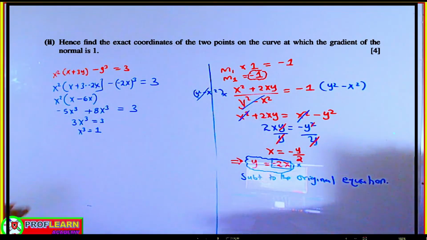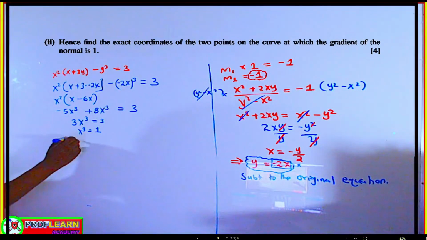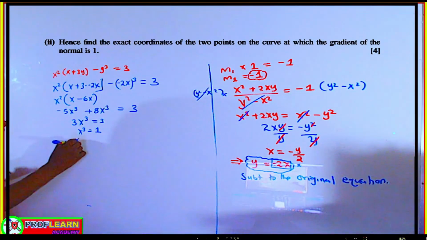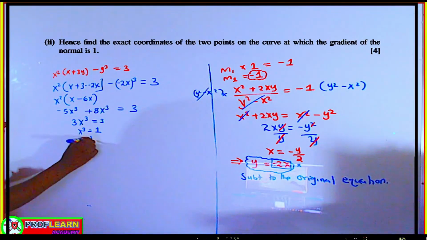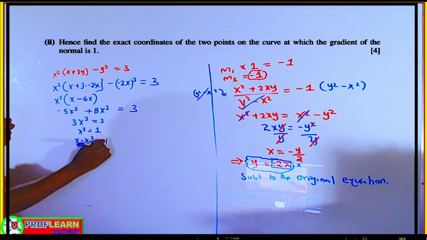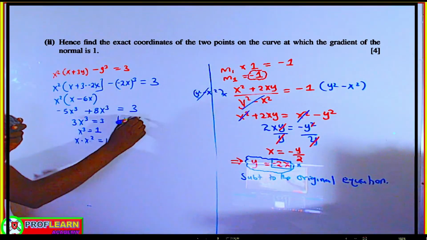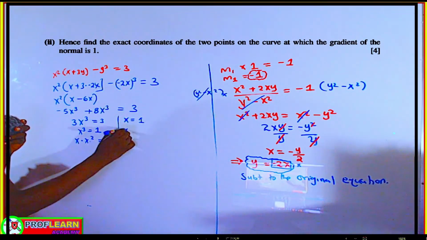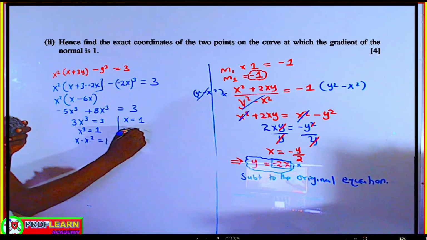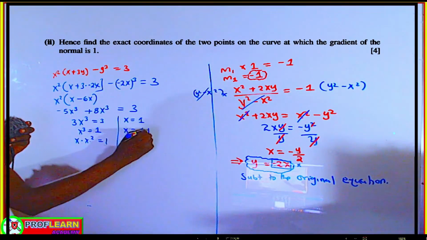So since we are finding 2 points, I can say this equation can have three solutions. So I can say this can be written as x times (x squared minus 1) equals 0. So what are the answers to this? We can say x is equal to 0, x equals plus or minus 1.